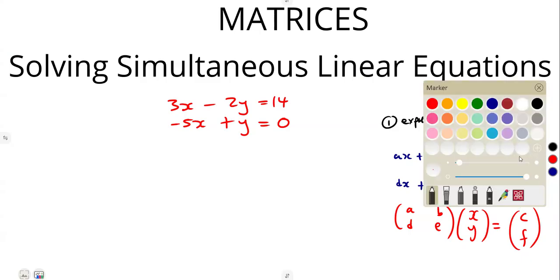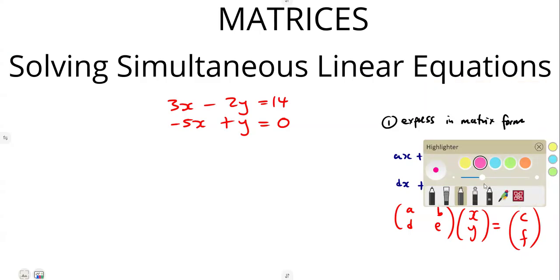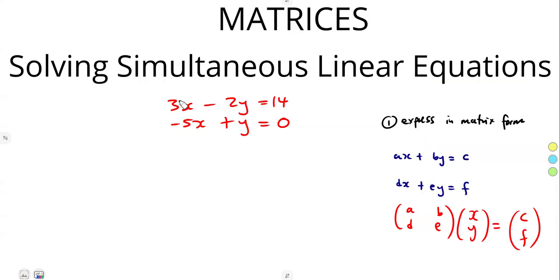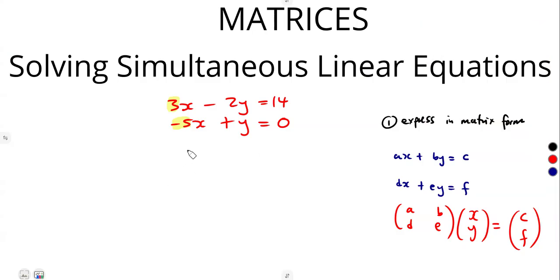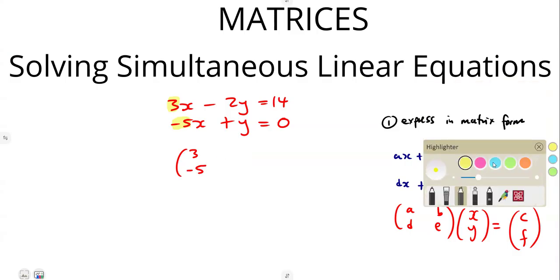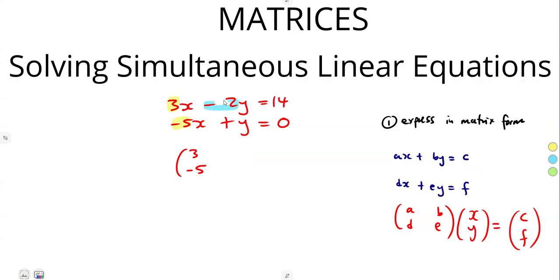So you consider the coefficients of the given variables. The variable x, the coefficient is 3. The variable x here, the coefficient is minus 5. So I can rewrite it as 3, minus 5. Then let's move on to y. Y here there's minus 2.